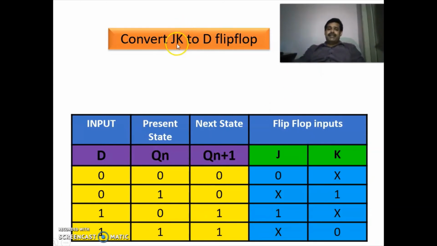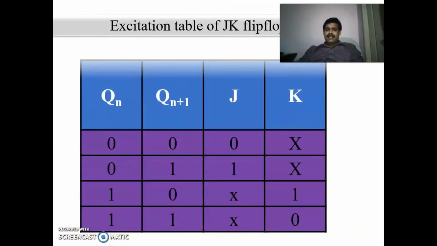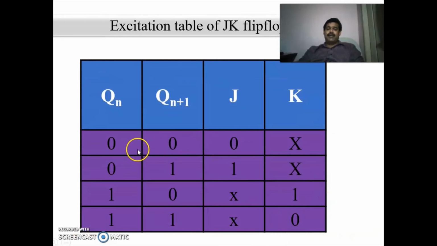Now we are converting JK to D flip-flop. So we write the flip-flop inputs J and K. Then, by using the excitation table of the JK flip-flop: for 0 to 0, J is 0 and K is X. For 0 to 1, J is 1 and K is X. For 1 to 0, J is X and K is 1.